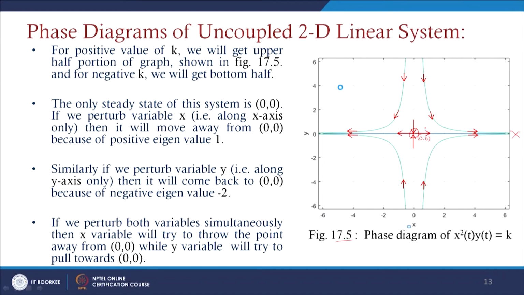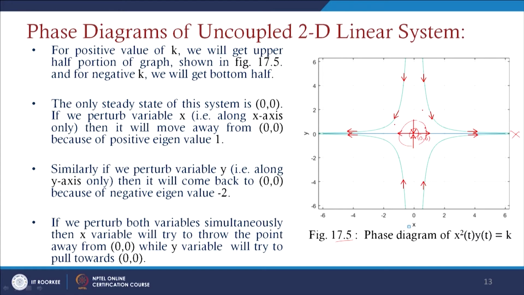Similarly, if we plot the variable y along the y axis, it will come back to the point 0 0 because of the negative eigenvalue. If we plot both at a time, the minus 2 eigenvalue forces towards the origin while the positive x value takes it outwards, so combined it represents an unstable condition at the point 0 0.